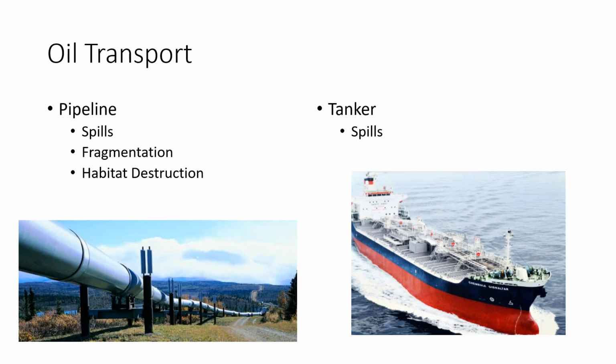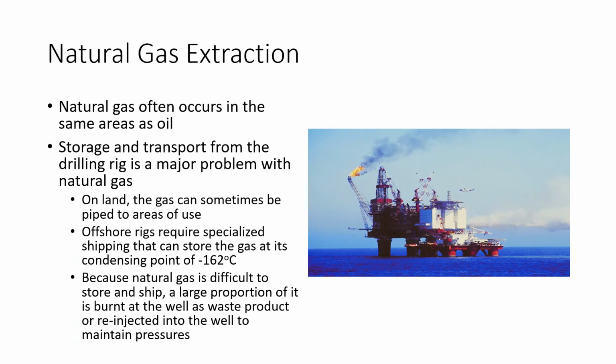Pipelines can spill and contaminate water supply, which we'll talk about more in water pollution. Pipelines fragment the land, so we have habitat fragmentation, and of course habitat destruction, just through the actual building of it and the roads that we need for access. And then if you ship it in a tanker, you can end up with oil spills, which we'll talk about again more when we talk about water pollution.